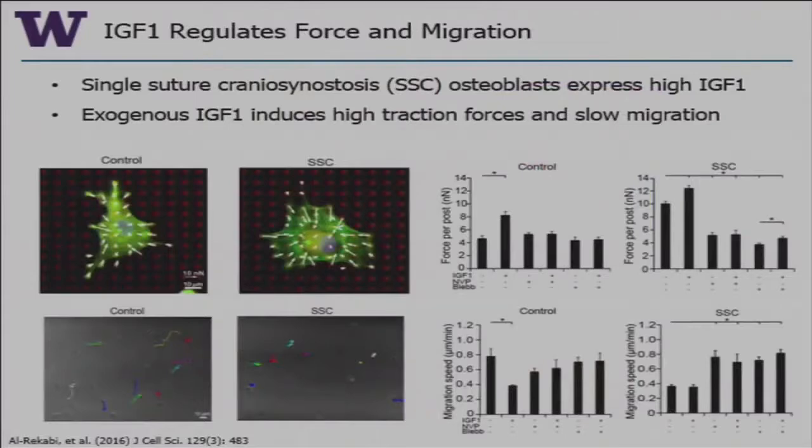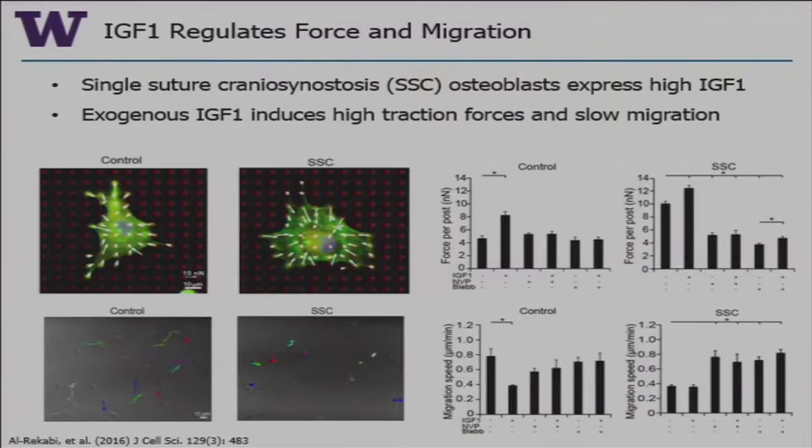Now, cell migration is pretty important for development, or I should say growth and formation of the skull. And so one area we've looked at with our collaborators at Seattle Children's is in craniosynostosis. This is in collaboration with Michael Cunningham there, where he's collected a bunch of patient samples from individuals who've had premature suture closure, and also some control samples as well.